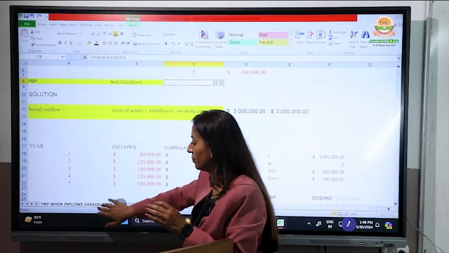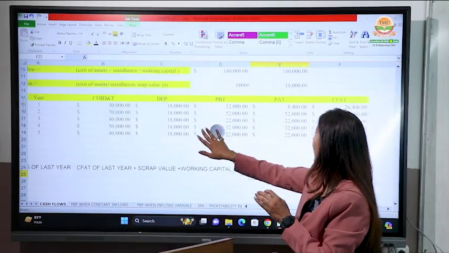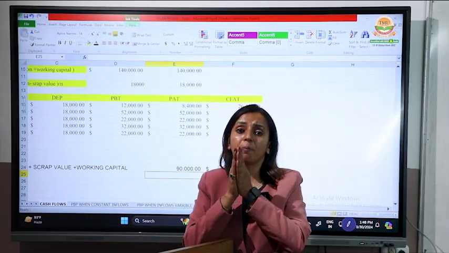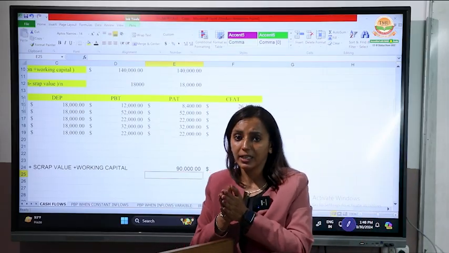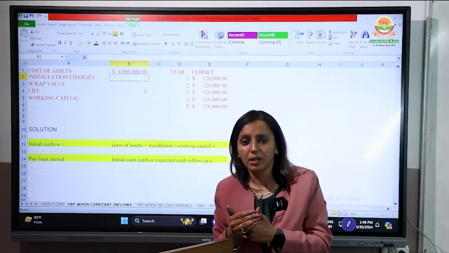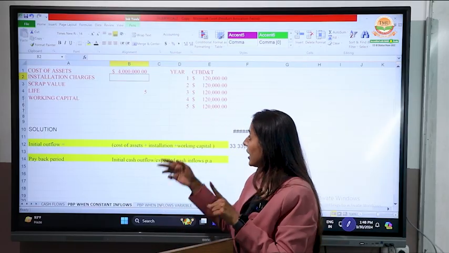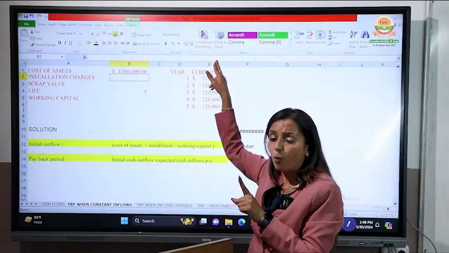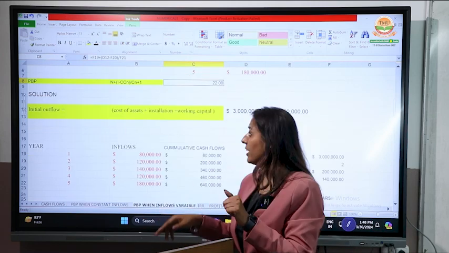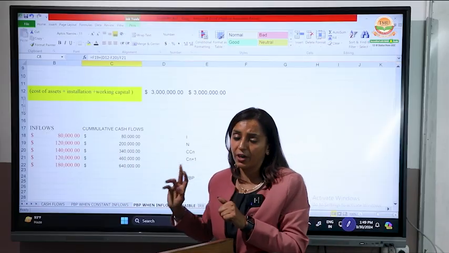Now let's recap all the things we have done. In the first step, we calculated the cash flows that a businessman will get. In the second, we determined the payback period, how much amount I am getting when I invest. In two cases, the first case has a constant amount of 1,20,000 each year, and the second case has different amounts.